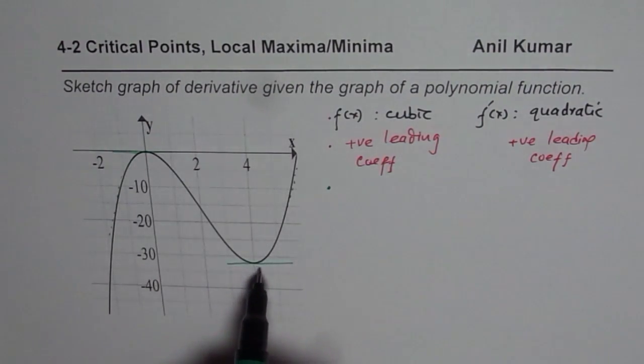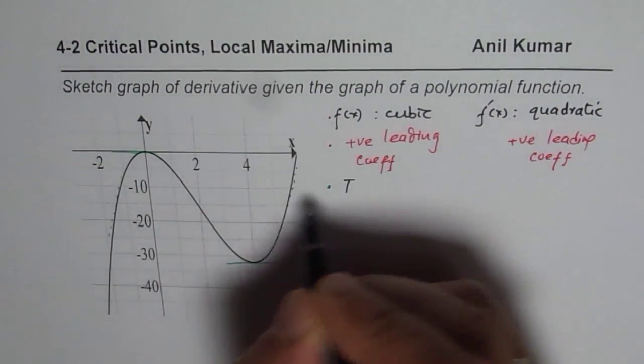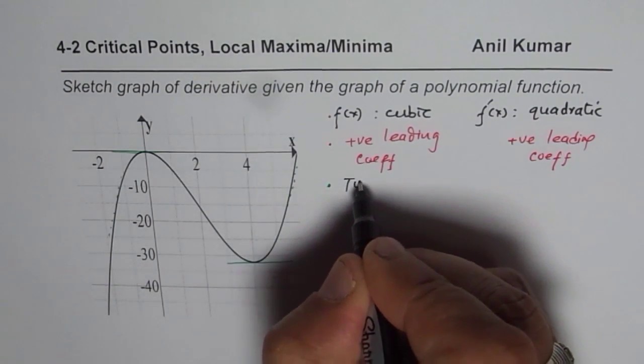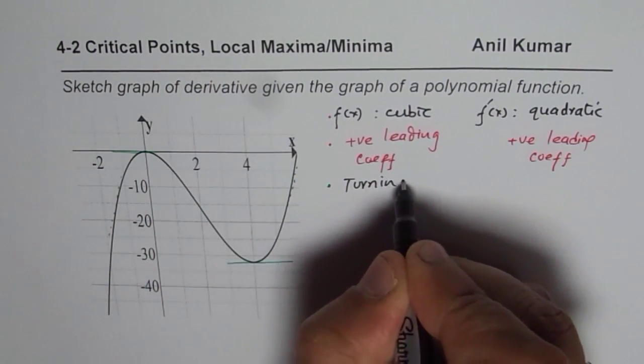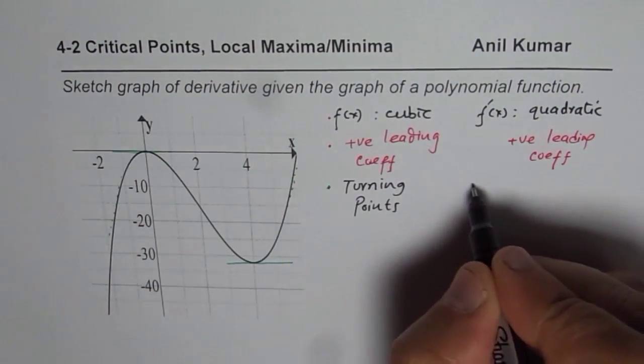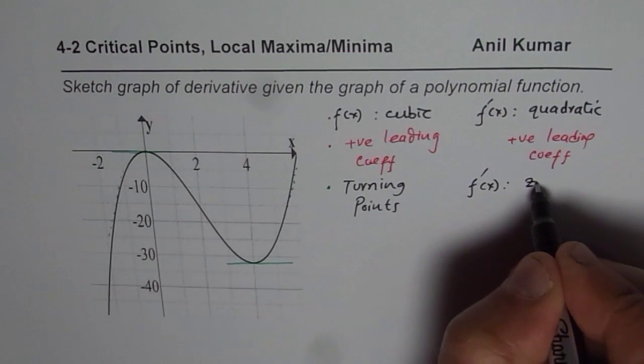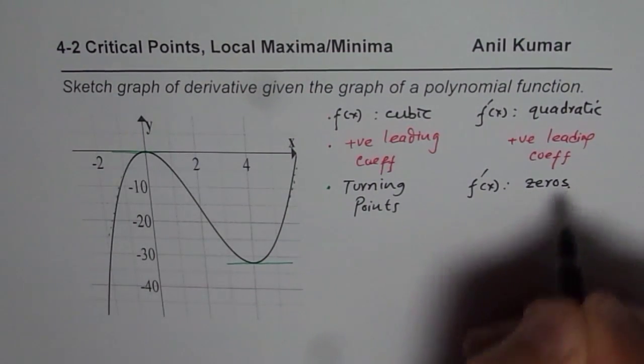At these turning points, the derivative is 0. Now these turning points translate into zeros of the derivative.